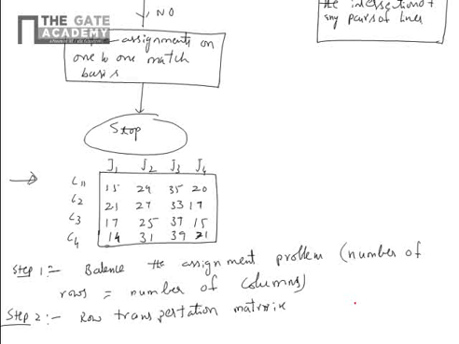Subtract the lowest value in that row from all values in that row. For example, in the first row, C1 row, 15 is the minimum, so subtract 15 from the other values. In the second row, 17 is the minimum, so subtract 17 from all other values.